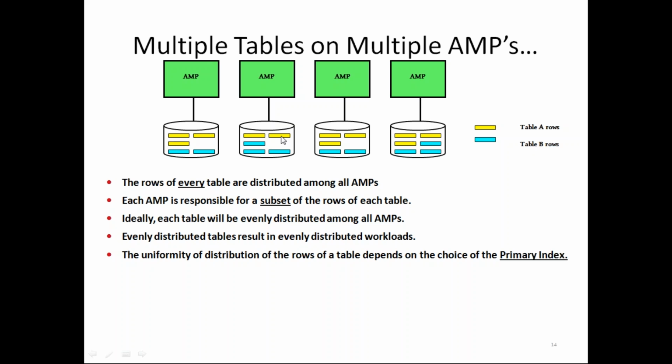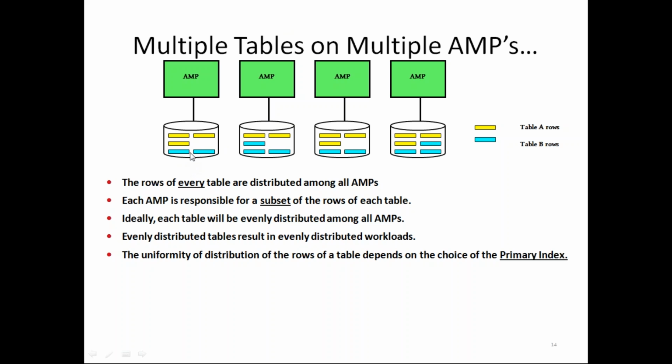Okay, so see, 3 records in amp 0, 2 records in amp 1, 3 records in amp 2, 3 records in amp 4 for yellow records. Okay, so it is almost even distribution, right? So only one amp has less number of records because it doesn't have the third record, but as far as possible it has distributed all the rows evenly across all the virtual disks.